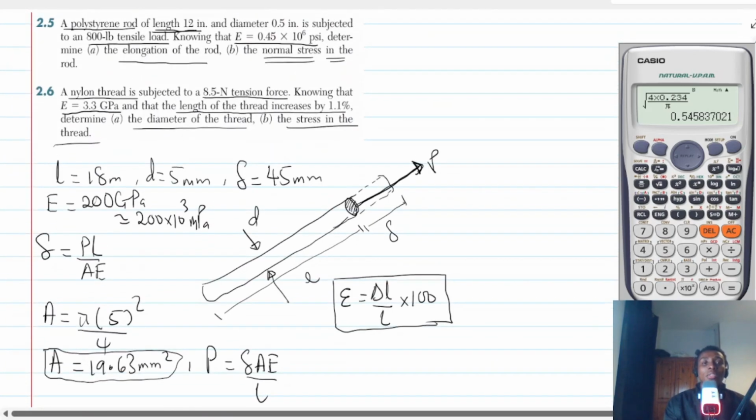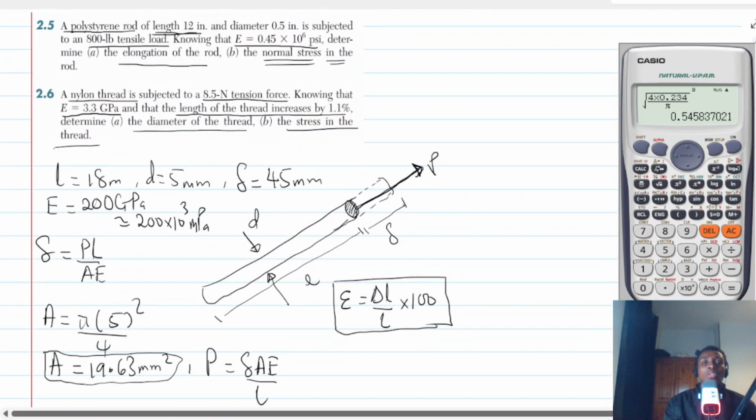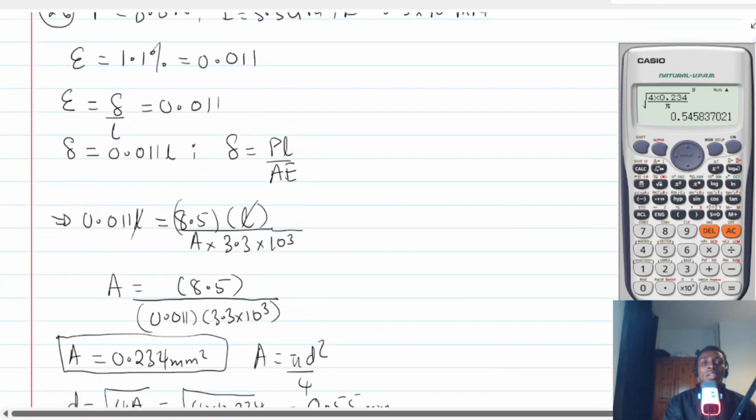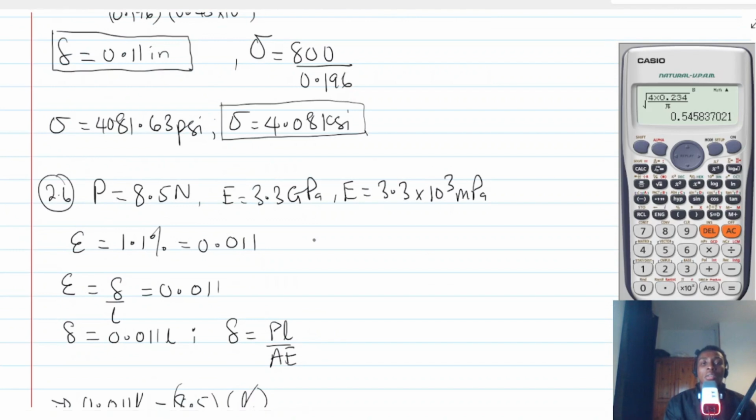And then we've been asked to find the stress in the thread. So the stress is E multiplied by epsilon.